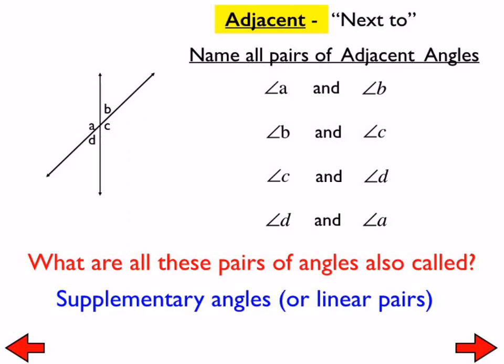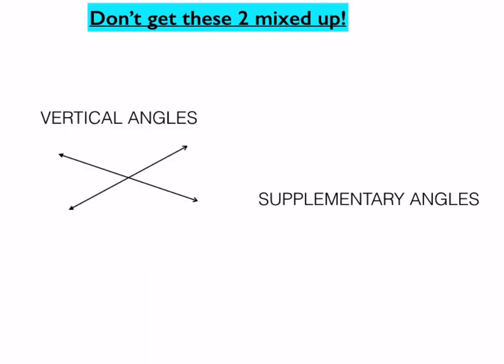Now, before I have you start listing out from some pictures what specific types of angles we see, we need to make sure that you understand the huge difference between vertical angles and supplementary angles. So, for example, this is what vertical angles look like.